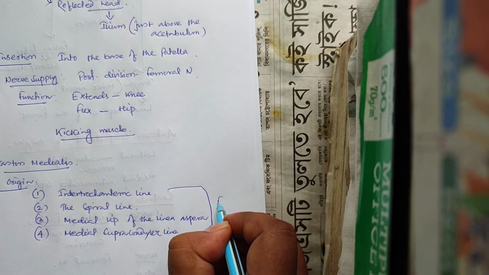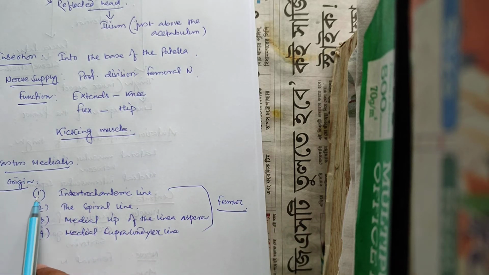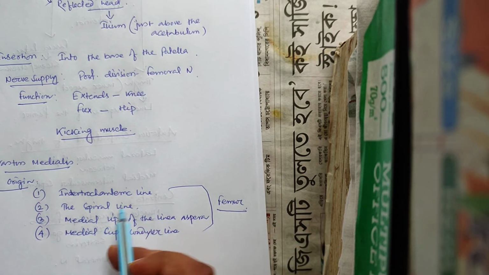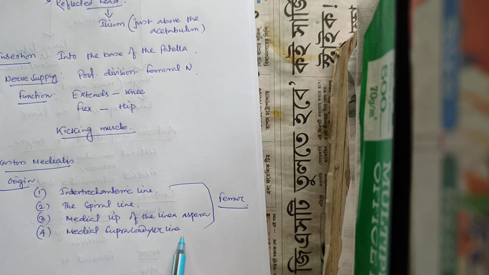These are found in the femur. So the vastus medialis arises from the intertrochanteric line, the spiral line, the medial lip of the linea aspera, and the medial supracondylar line.